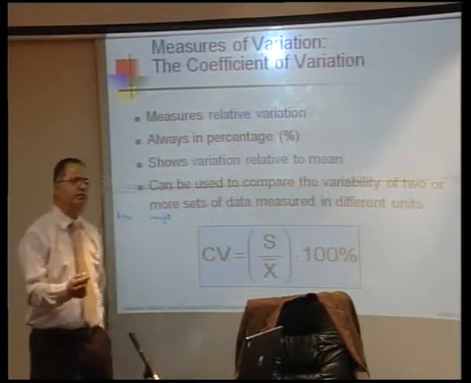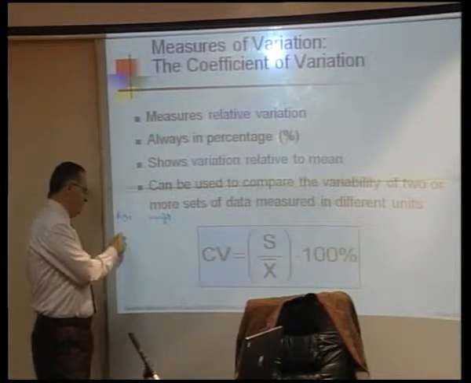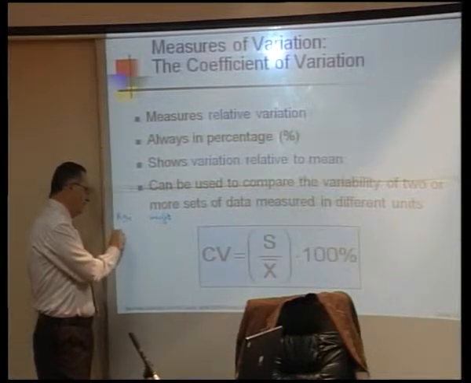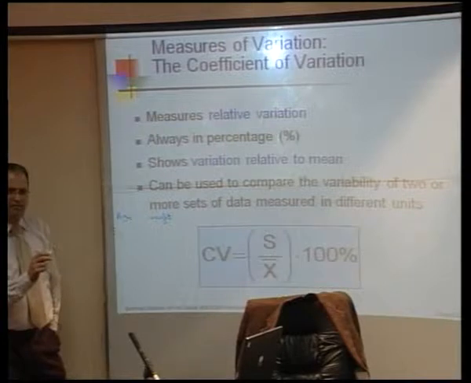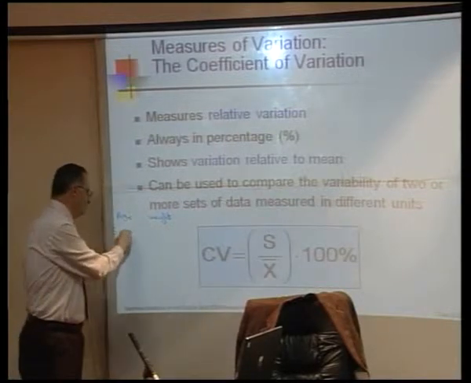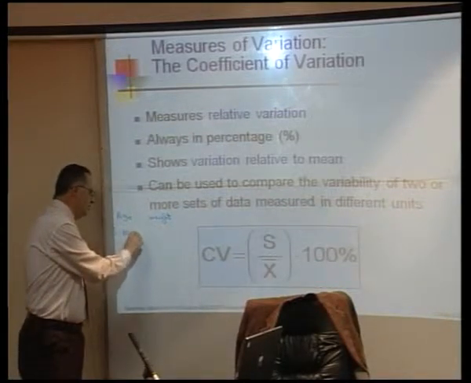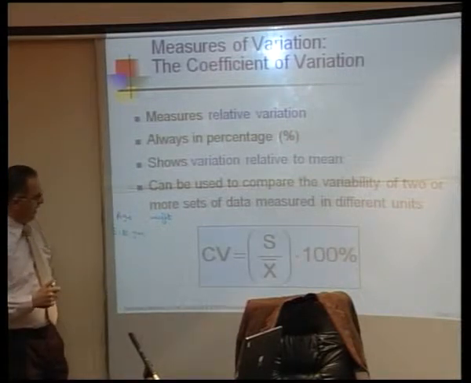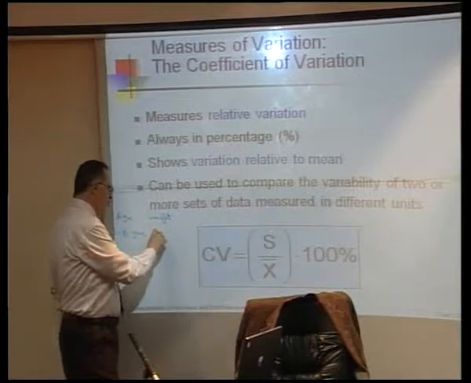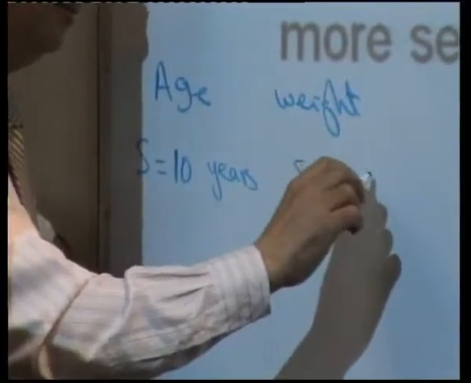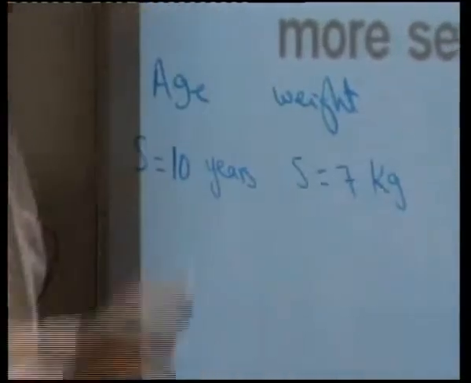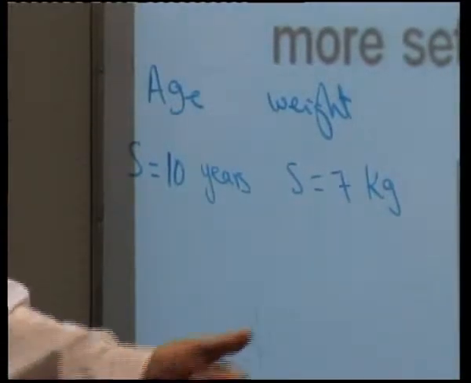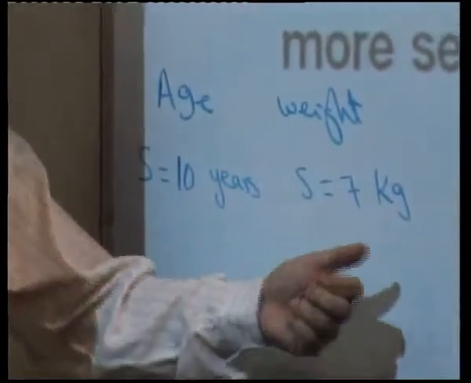Suppose someone computed the mean and the standard deviation, and he found that the standard deviation for age is, for example, 10, so 10 years, because the unit is years. And the standard deviation for weight, for example, is 7. The unit of the weight is kilogram.